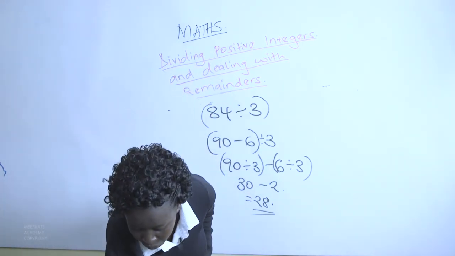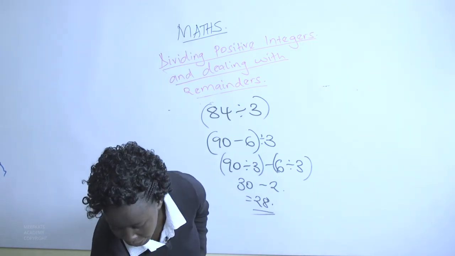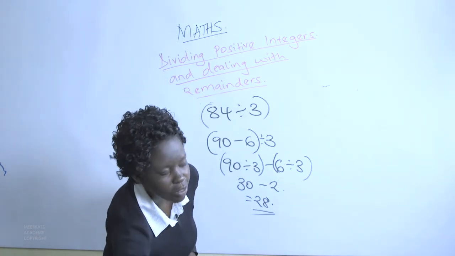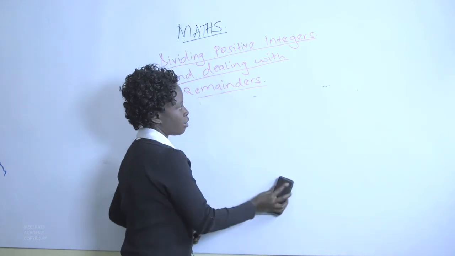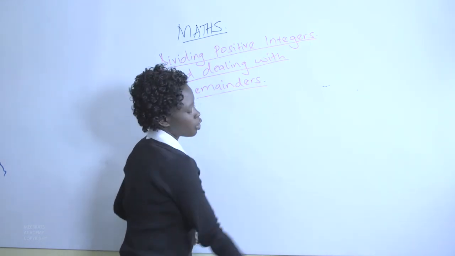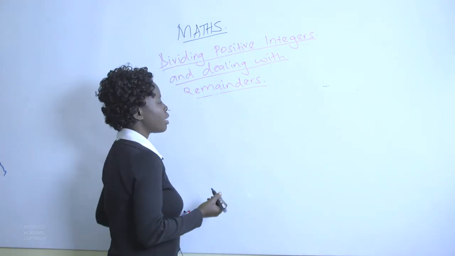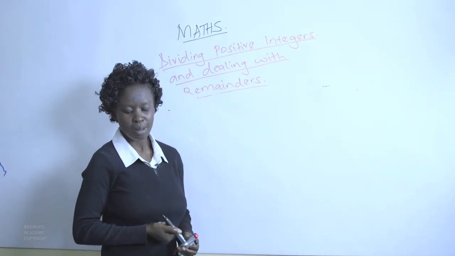Then finally, the last method that we have when you are calculating mentally is when you have both of the numbers being even. If both of the numbers that are involved in that given equation are even, then you can simply half the equation. By even numbers, we mean numbers that are divisible by 2.